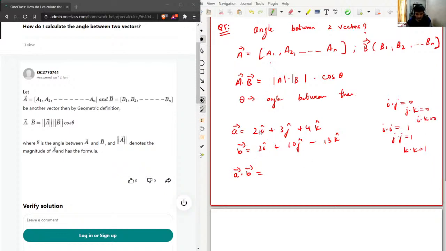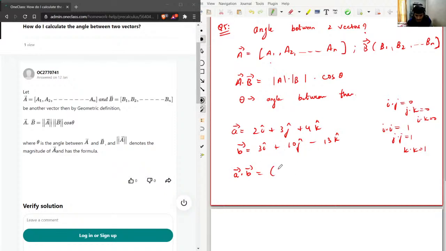So we just multiply the constant of one i with the constant of the other i. Like here, I'll just multiply 2 with 3 only. If I multiply 2 with 10, then i dot j will give me 0, so I won't be operating that.